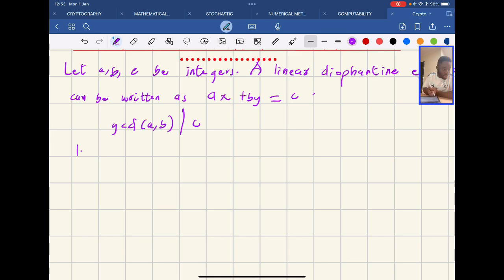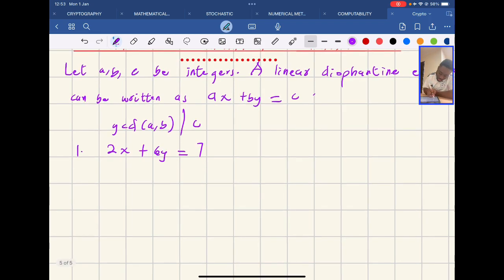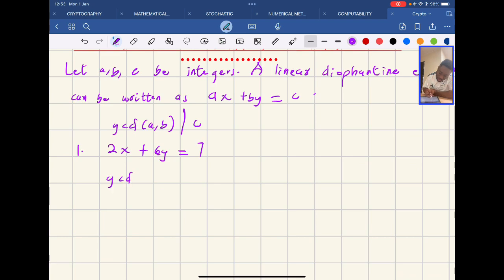Our first example is 2x plus 6y is equal to 7. Now how do we find this? The first thing we have to do is to find the GCD of 2 and 6.